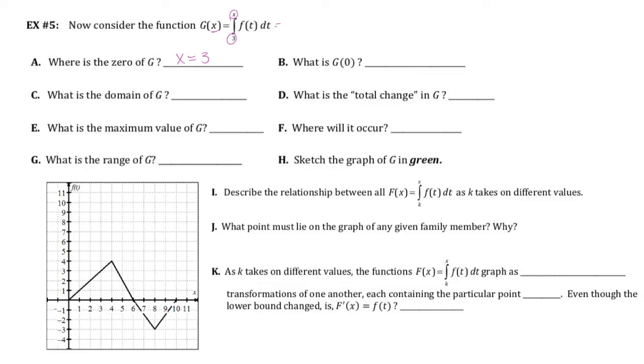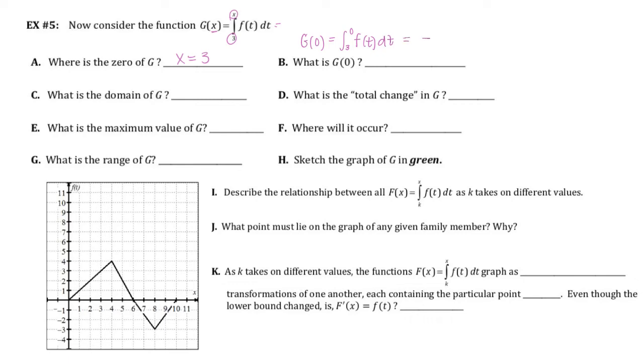Okay, now the next question asks what is the value of g at 0. To find the value of g at 0, we need to sub in 0. So I'm going to work that out up here. g at 0 is going to be the integral from 3 to 0 of f(t) dt. We see that our endpoints are inverted, so we do need to put a negative and flip those around.